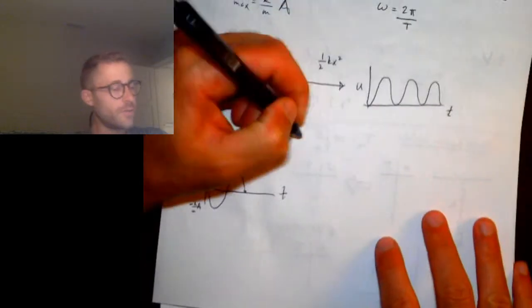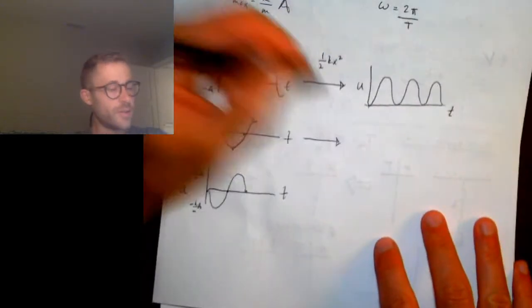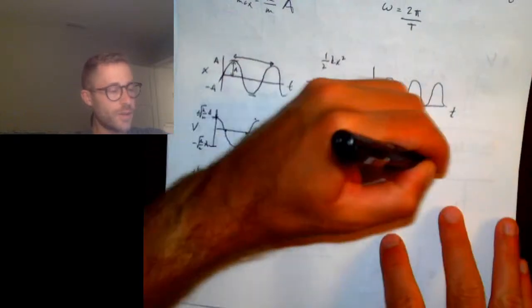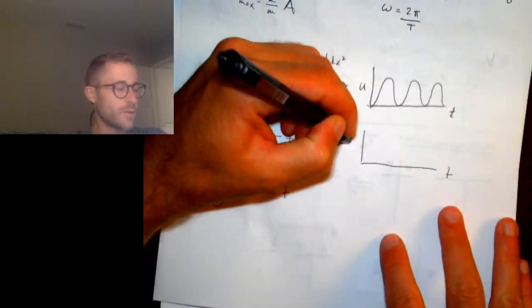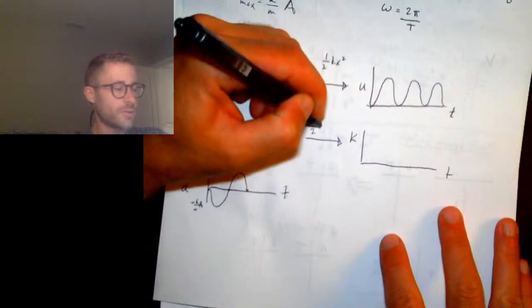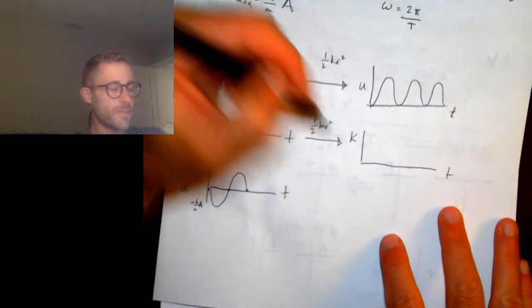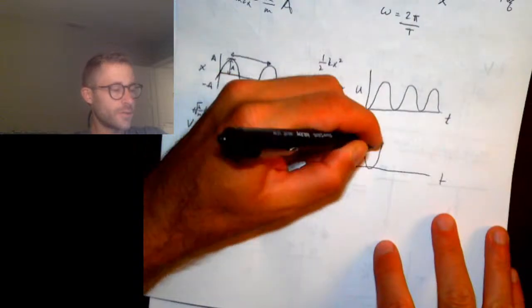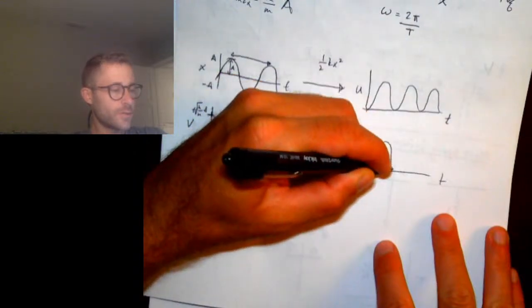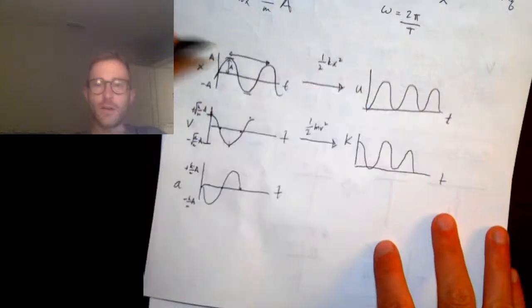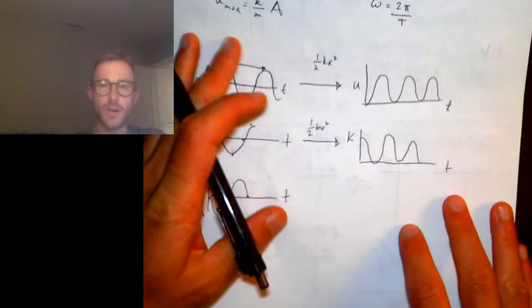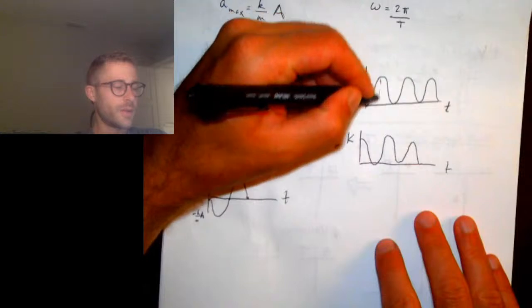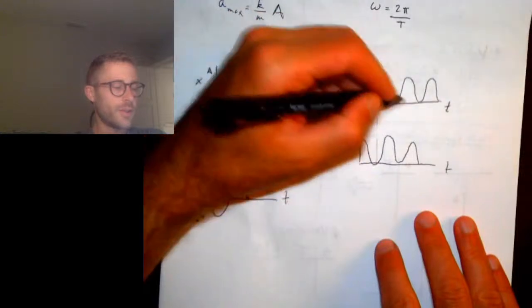If I wanted the kinetic energy time graph, I would square the velocity because kinetic energy is 1/2 mv squared. So that would give me something that looks like this. Okay, notice how when the potential energy is high, the kinetic energy is low.